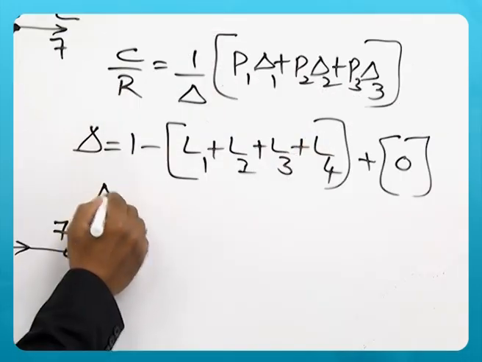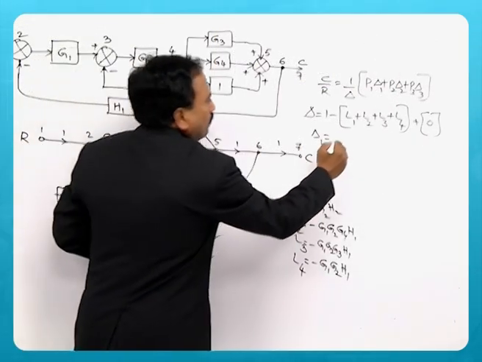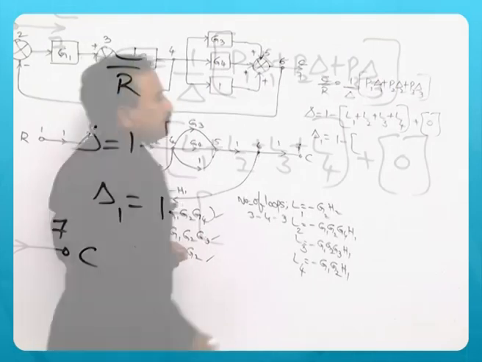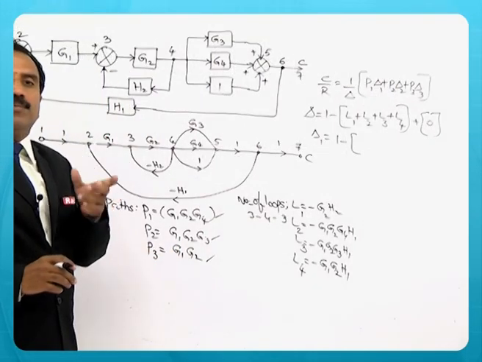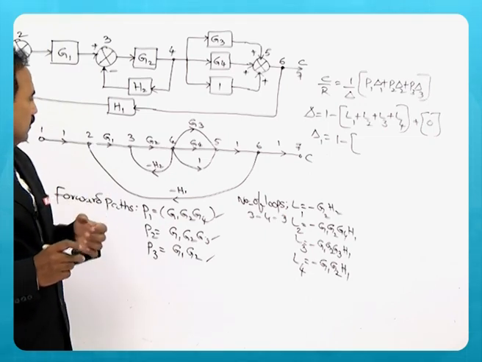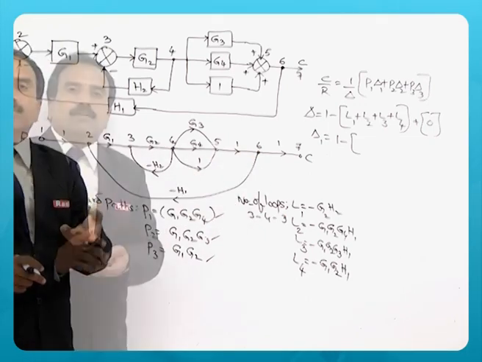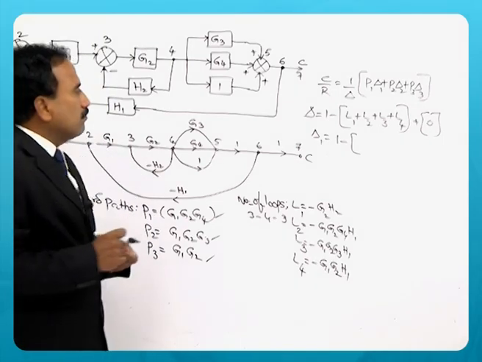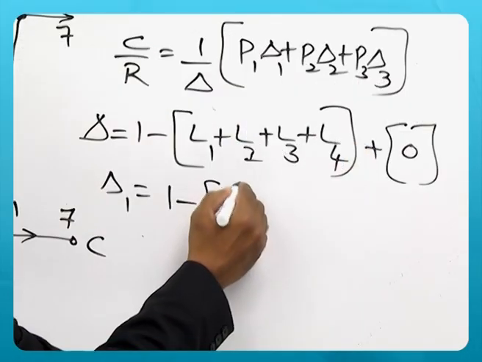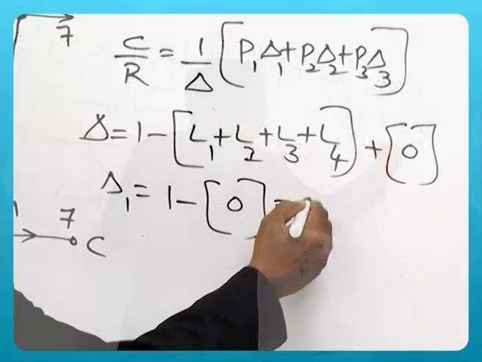Now what is delta 1? Delta 1 is 1 minus the loop gains which are not touching the first forward path. The first forward path is this, and there is no loop which is not touching the first forward path. So 1 minus 0, fortunately, so it is 1.